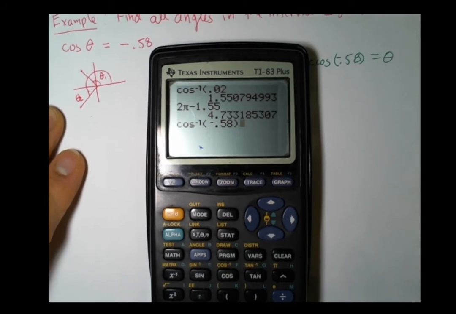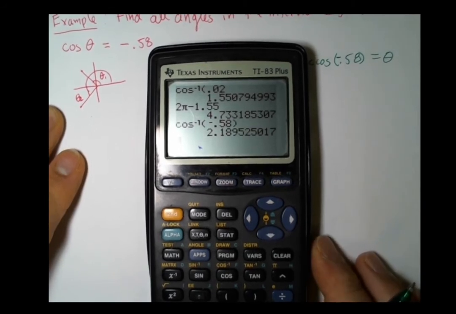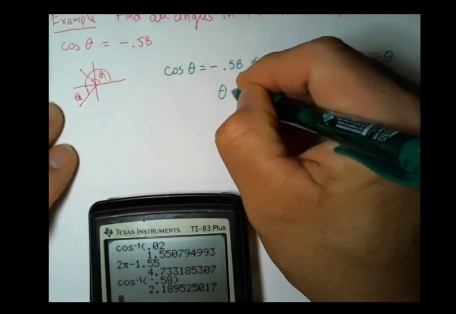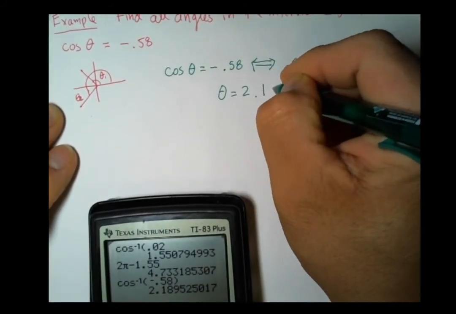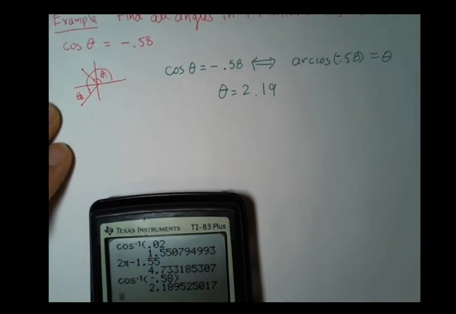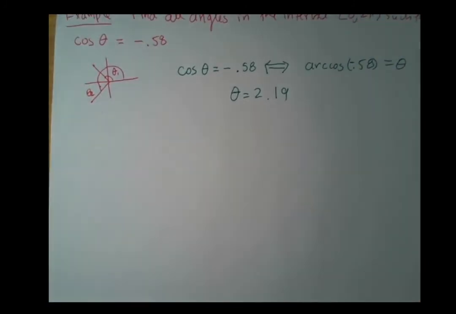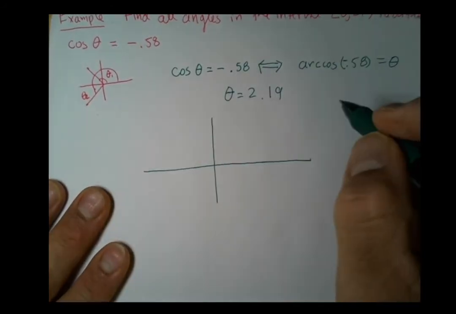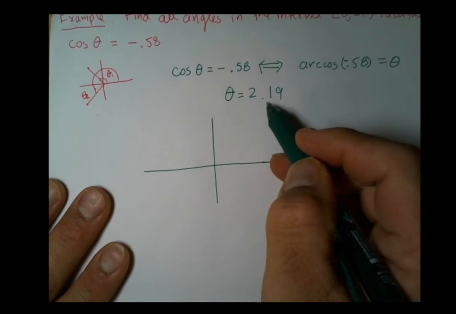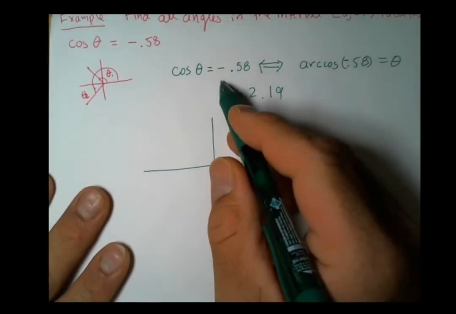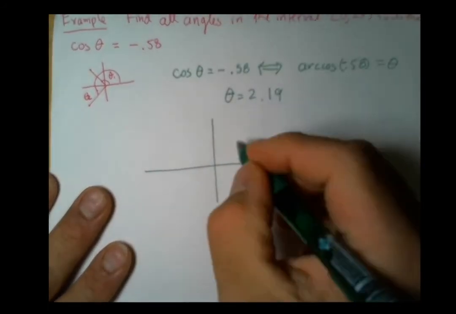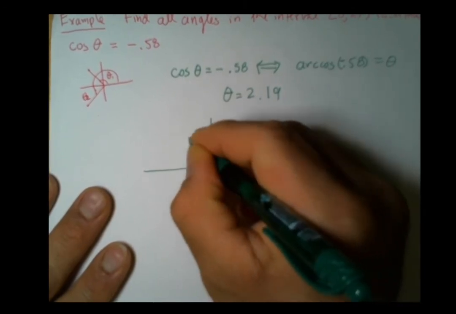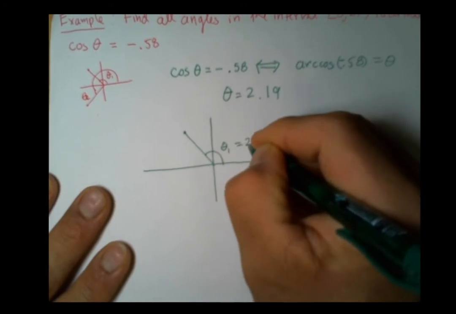Hit enter and we get a value of 2.19. So theta is 2.19. Let me plot this to see what we just found here. Cosine is negative. The inverse cosine gives me an angle between 0 and pi. So what we just found was actually theta 1. That is 2.19.